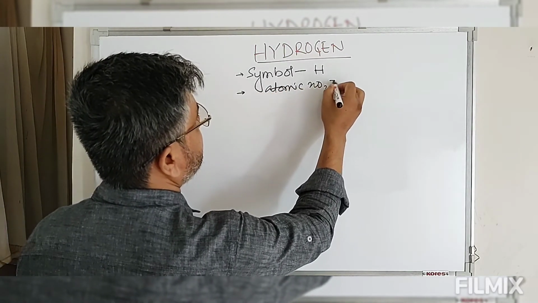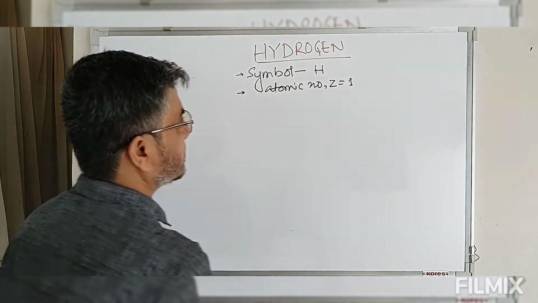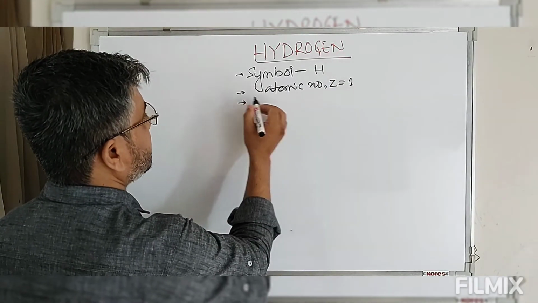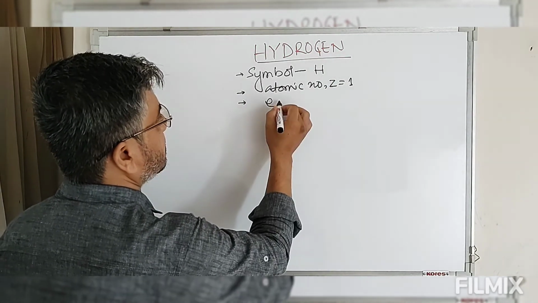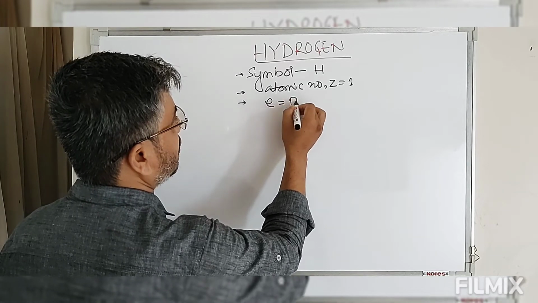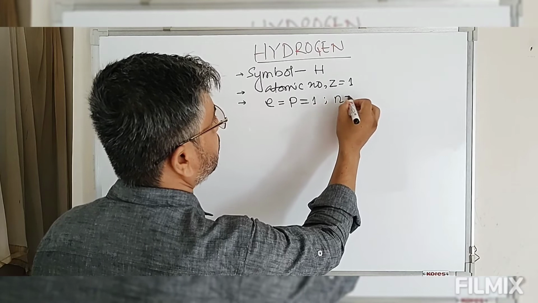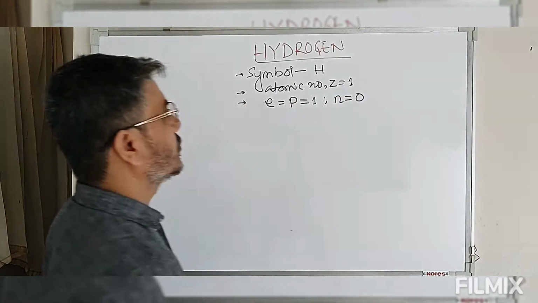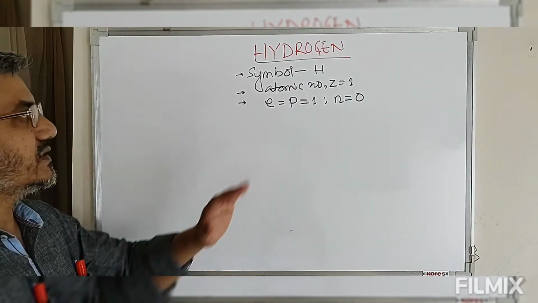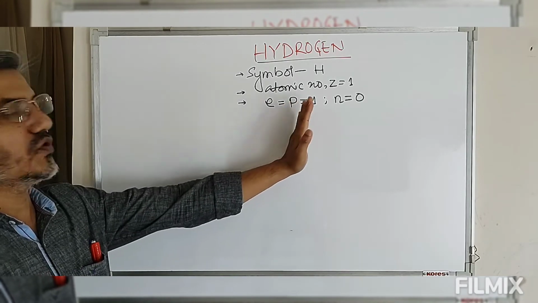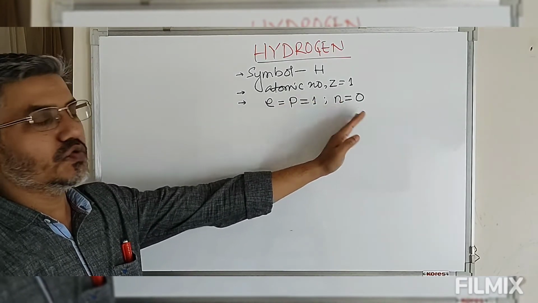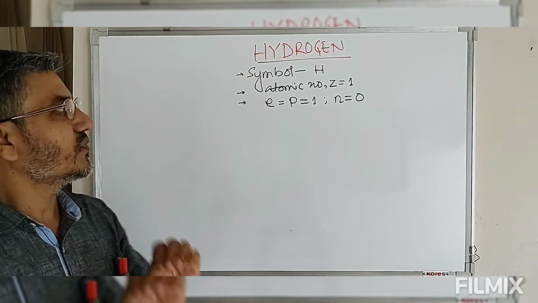Atomic number, that is Z, equals 1. That means the number of electrons equals the number of protons equals 1, and the number of neutrons is 0. So the simplest element, that is hydrogen, contains one electron, one proton and no neutrons.